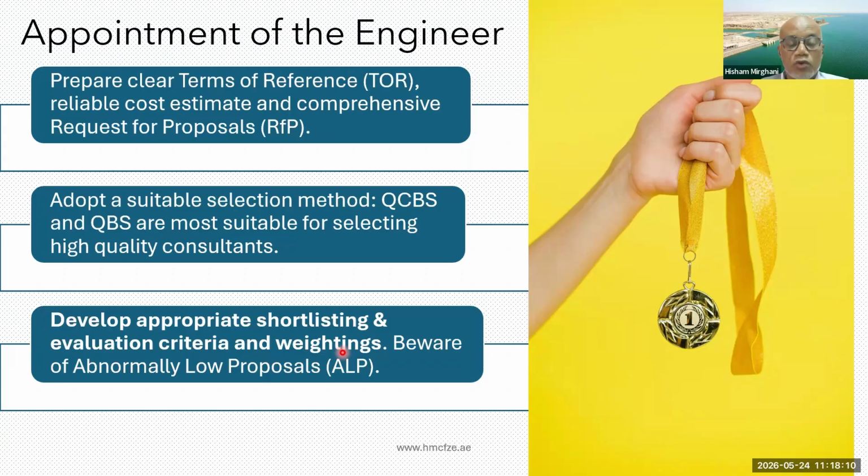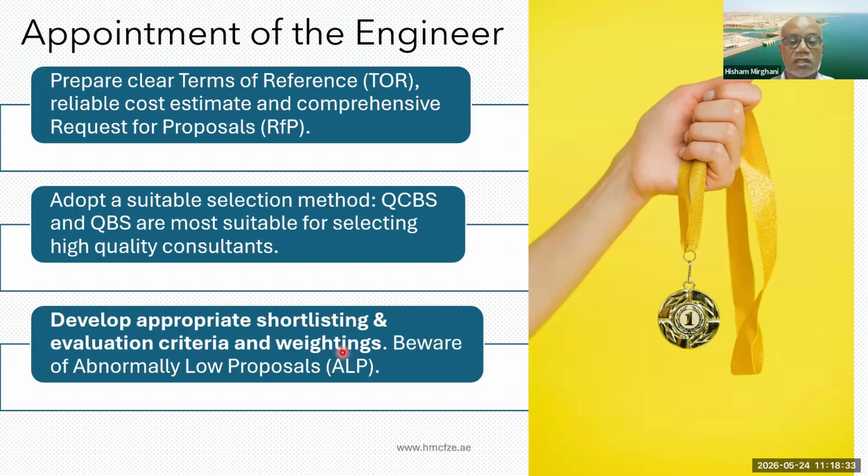And very importantly, you have to develop appropriate shortlisting criteria and evaluation criteria. It's a two-step process. There's a shortlisting first of all, and then there are the actual proposals and offers and the evaluation criteria. And what you are targeting, of course, is selecting the most qualified consultant for the task.